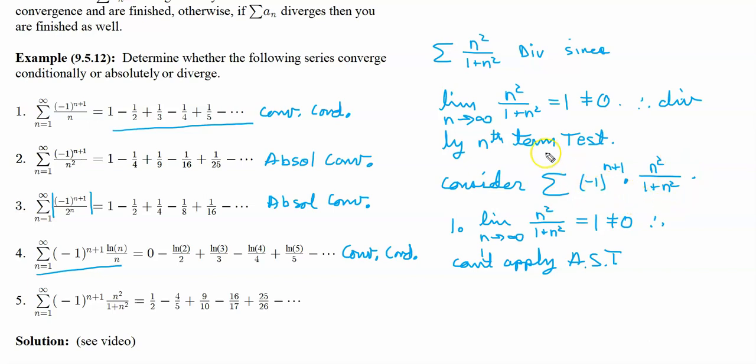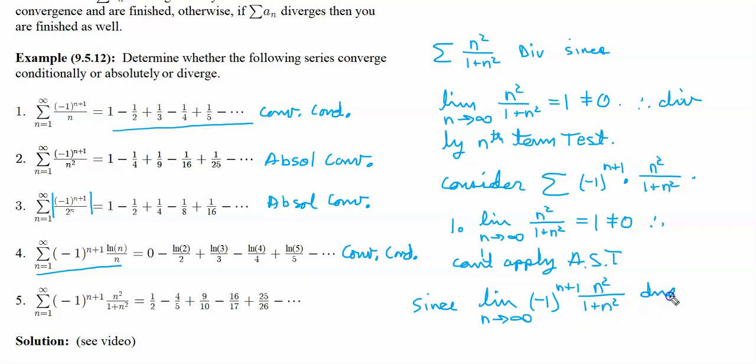Well, once again, by the nth term test, we can apply that again to this series. Certainly, since the limit as n goes to infinity of n squared over 1 plus n squared is 1, that implies that if we consider this limit, this limit does not exist, right?